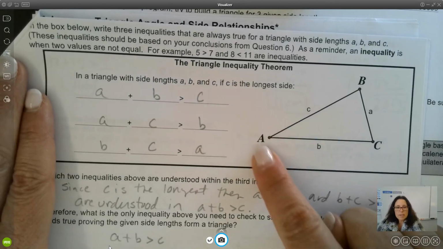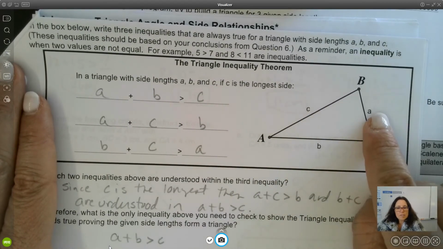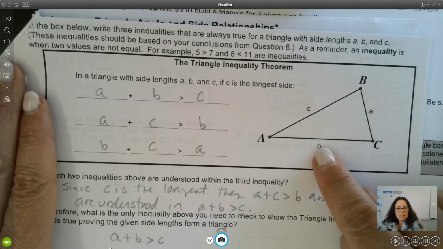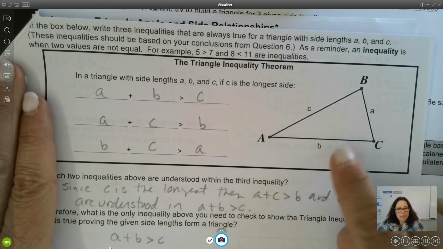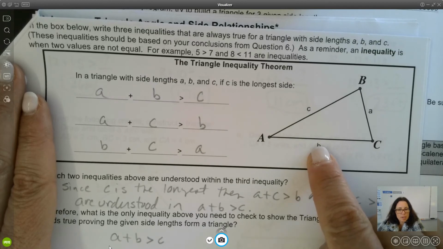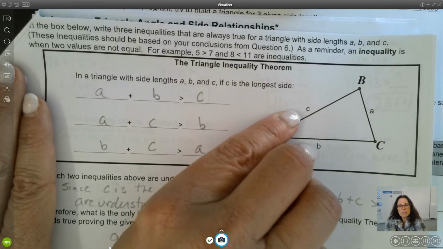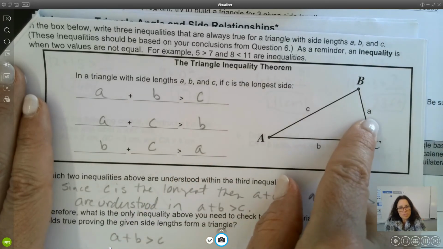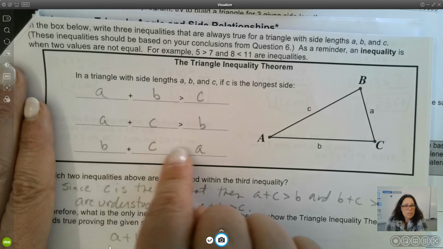Using this, we're going to add together these two side lengths, and it must be bigger than this. And we're going to add together these two side lengths, and it must be bigger than this. And then the only one left to compare is these two side lengths added together. It must be bigger than this length. That is the triangle inequality theorem.